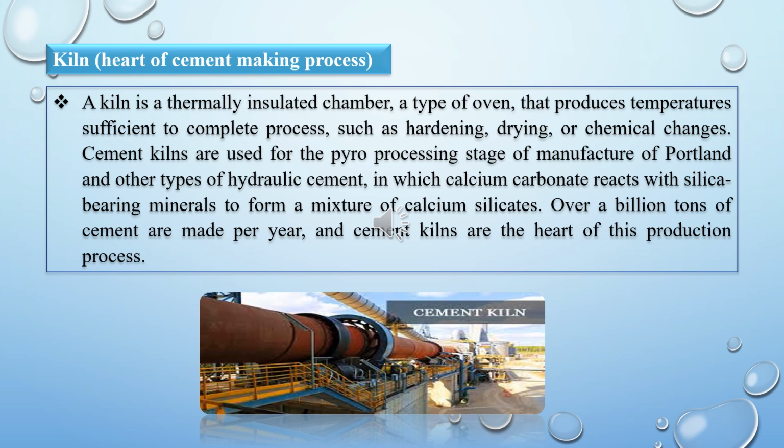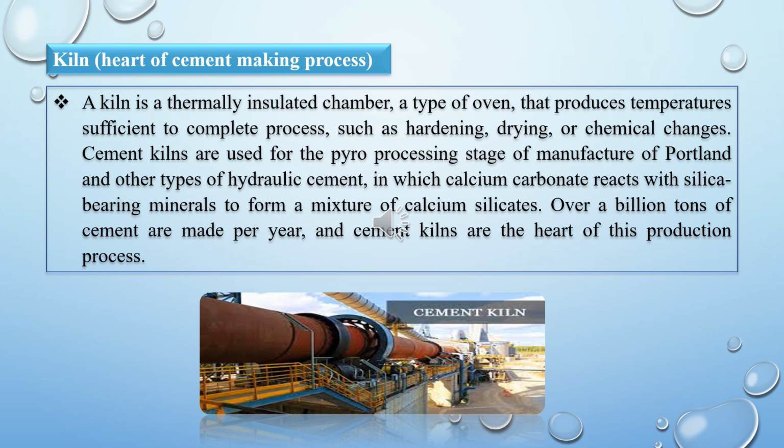So students, in this we have discussed just 3 points. First one is that a kiln is a thermally insulated chamber like an oven. Second, it produces heat which is necessary for different processes like hardening, drying, and chemical changes.